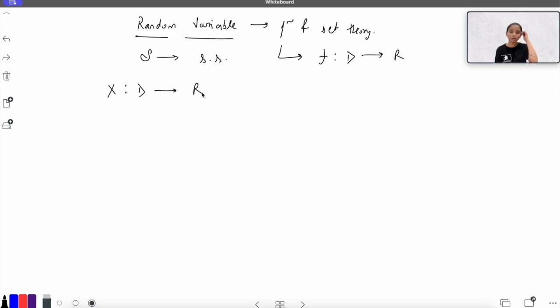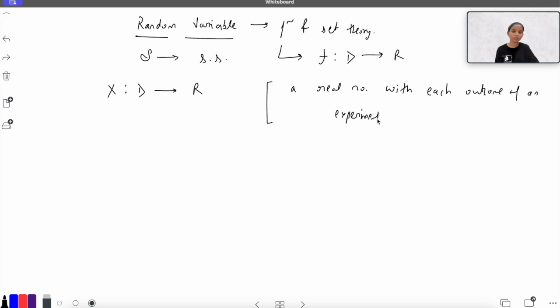Now the main thing is what is the domain and what is the range of this random variable, like how am I doing the mapping? That's the main thing. So what are we doing? We associate a real number with each outcome of an experiment.